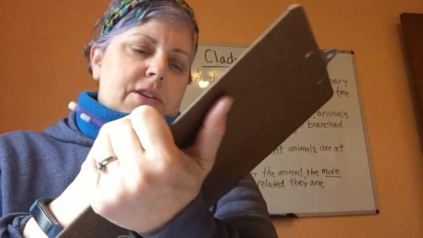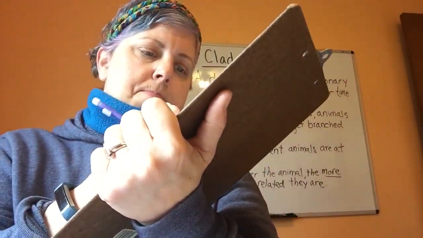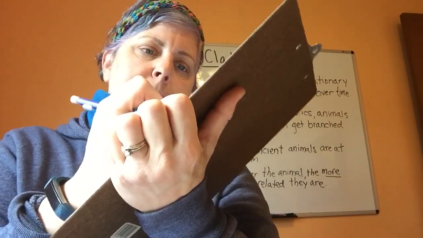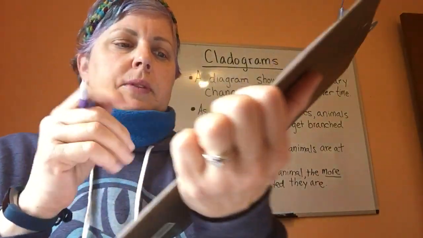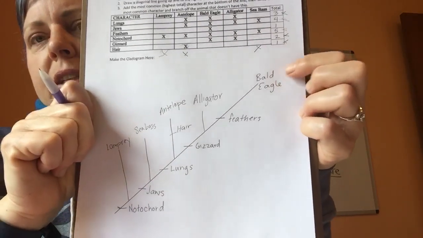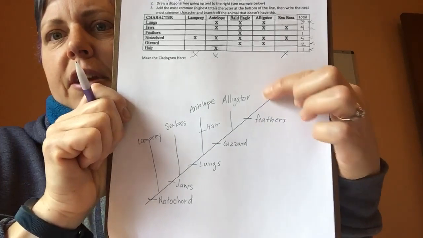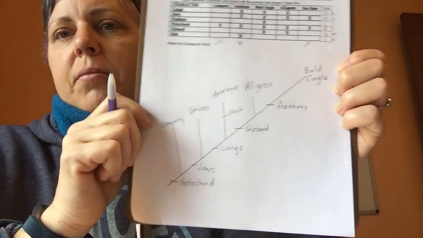That would be our alligator. So I like to write the last animal at the very top of the line like this versus having a branch here and then having this sticking out with nothing at the end.